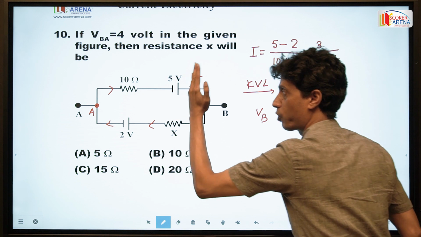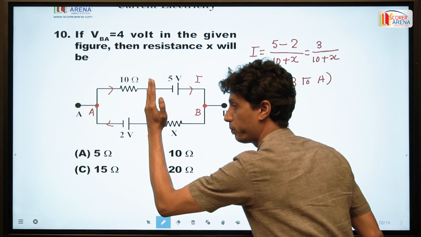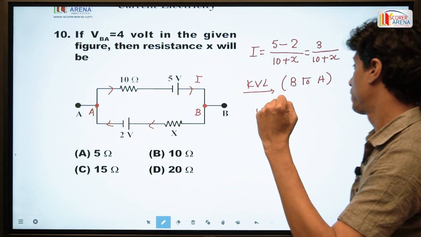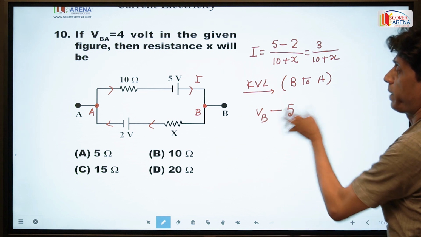So internally from positive plate to negative plate, this means potential drop, that is minus.